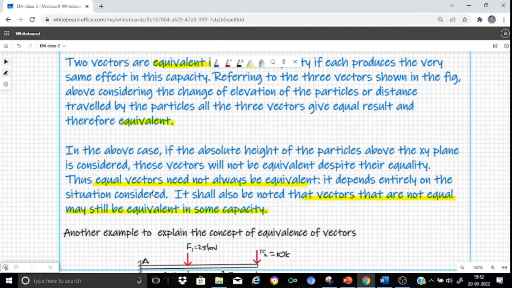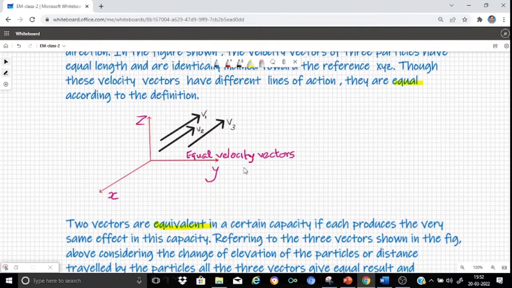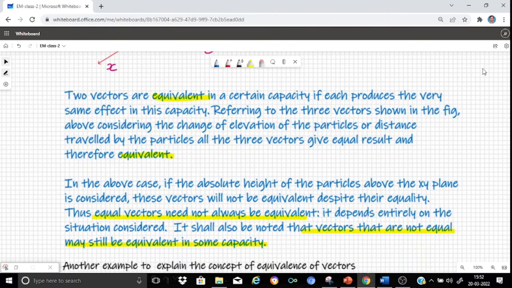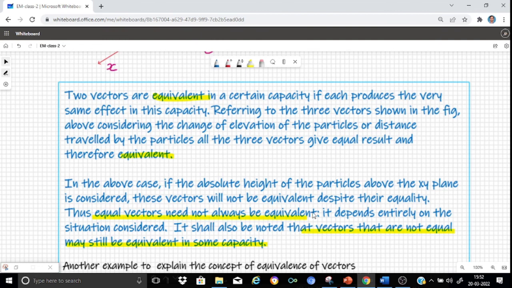This means that equal vectors need not always be equivalent, because we have already stated in our earlier discussion that v1, v2 and v3 are equal vectors, but when we measure the absolute elevation they are not equivalent. So we come to a conclusion that equal vectors need not always be equivalent.